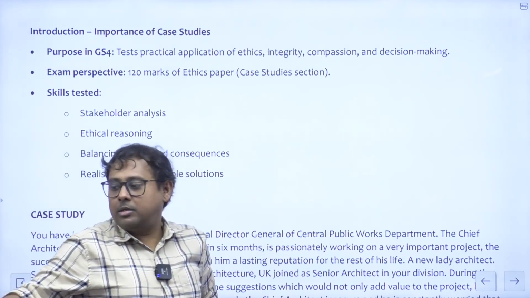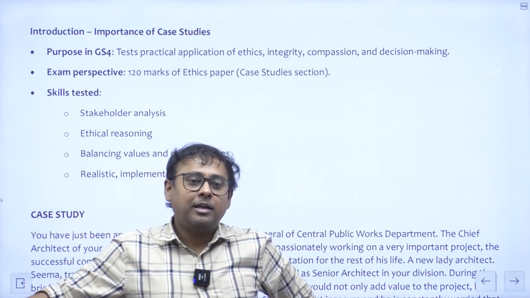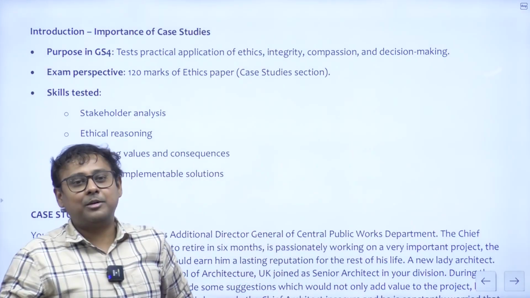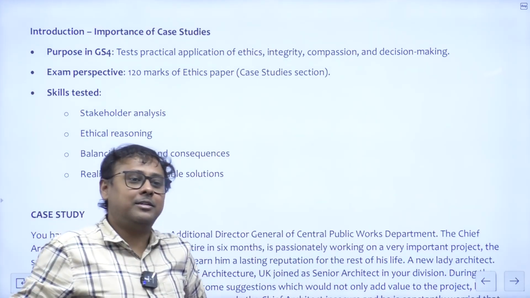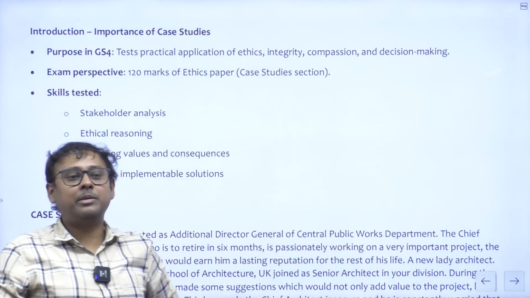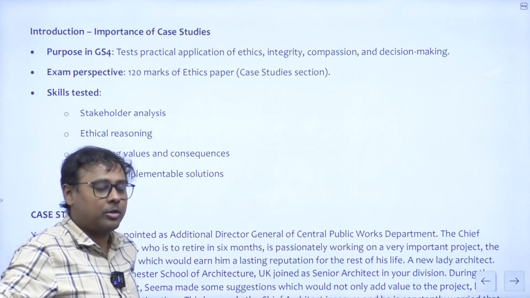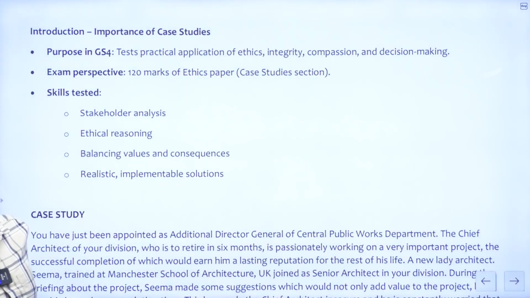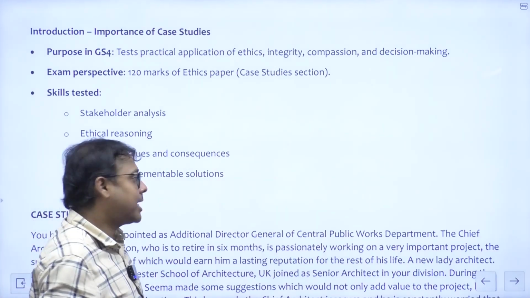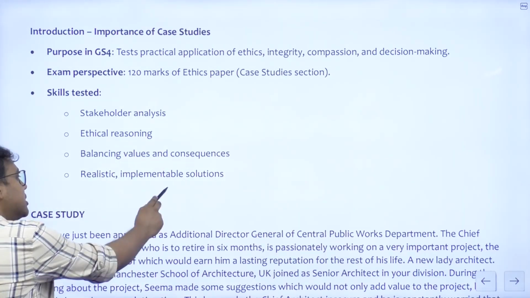You cannot be Salman Khan's Dabangg, saying you can do this and that, and make sure that retributive, distributive, and all kinds of justice are implemented by the same person. It's not possible, right? So a realistic, implementable solution has to be reflected, and your marks actually will depend on this.